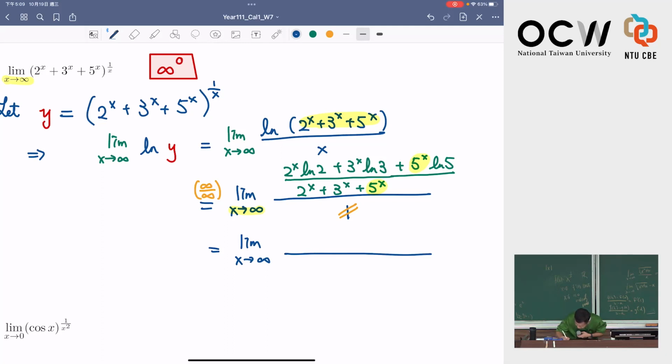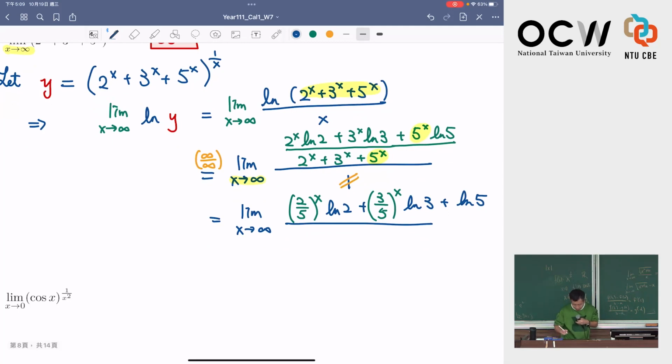to obtain, firstly, 2 over 5 to the x log 2 plus 3 over 5 to the x log 3 plus log 5, divided by 2 over 5 to the x plus 3 over 5 to the x and then plus 1.